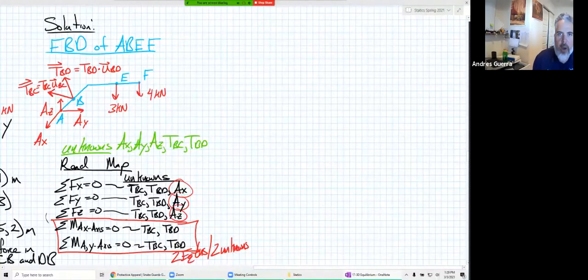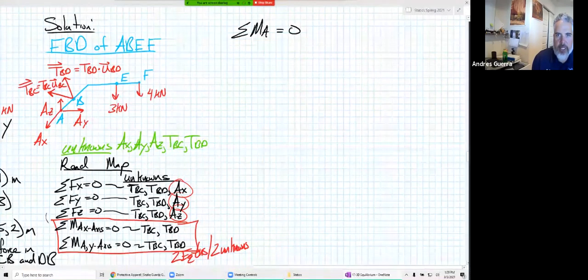Okay, so now how do we do the sum of the moments about point A equal to 0?